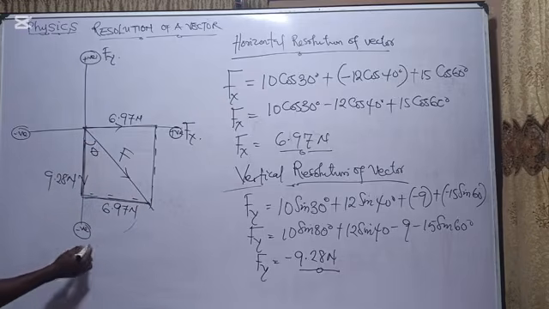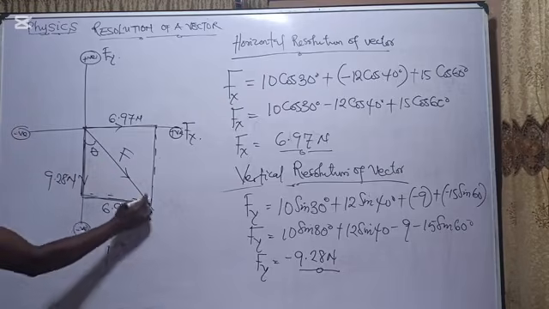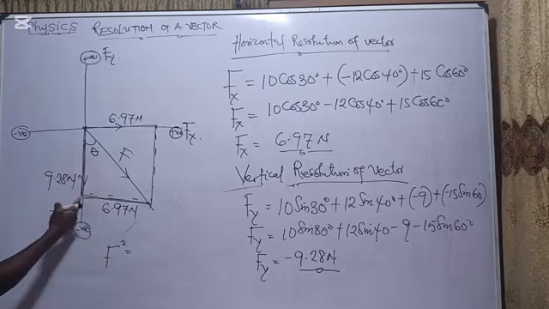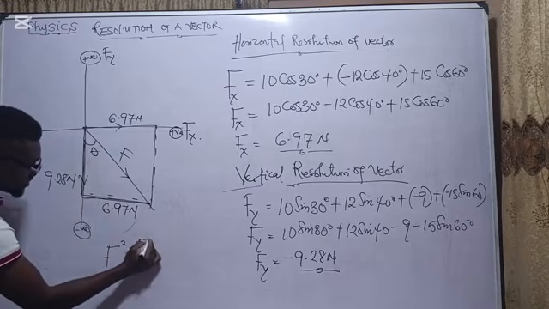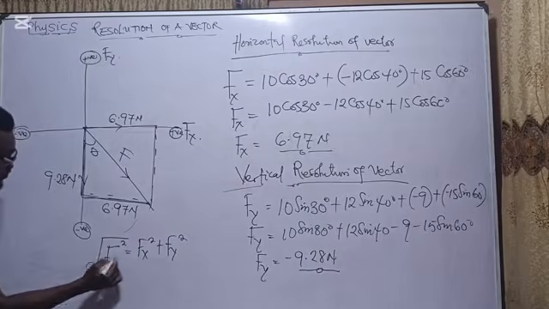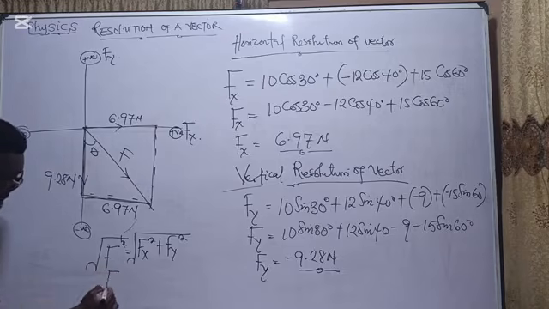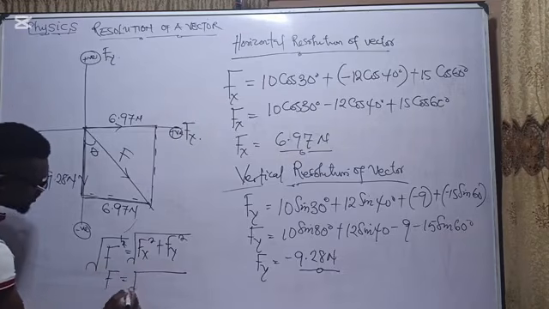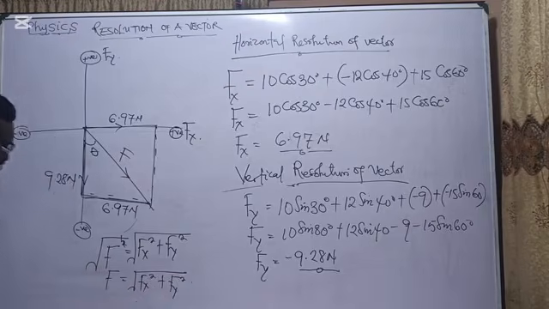Now the magnitude. In order to get the magnitude, we have F squared from Pythagoras theorem of this triangle. We have horizontal component, vertical component. The horizontal component squared, the vertical component squared. If you take root of both sides, you have the F. So we have F now equal to square root of Fx component squared plus Fy component squared.